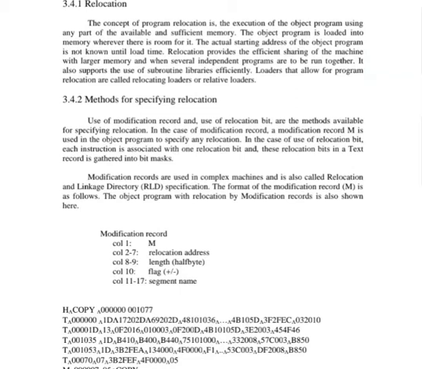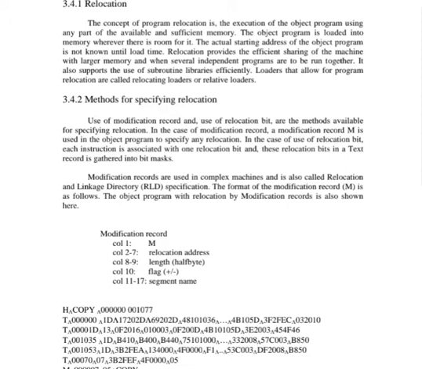Next is relocation. The concept of program relocation is the execution of the object program using any part of the available and sufficient memory. The object program is loaded into memory whenever there is room for it. The actual starting address of the object program is not known until load time.